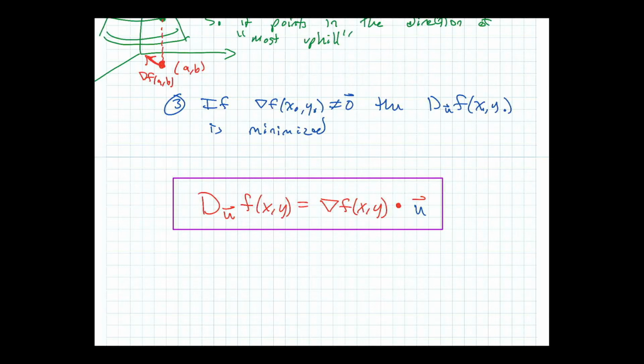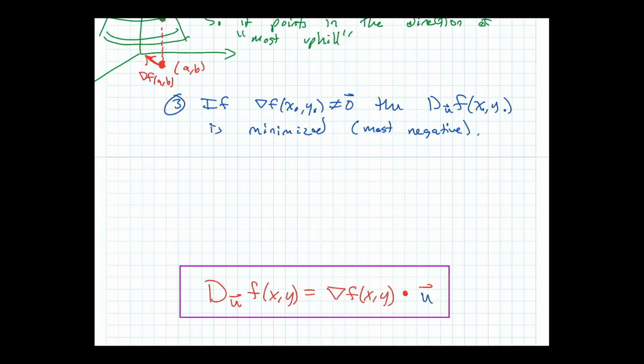Minimized means most negative, right? Not zero. It's in the opposite direction of the gradient. So this one, negative gradient.